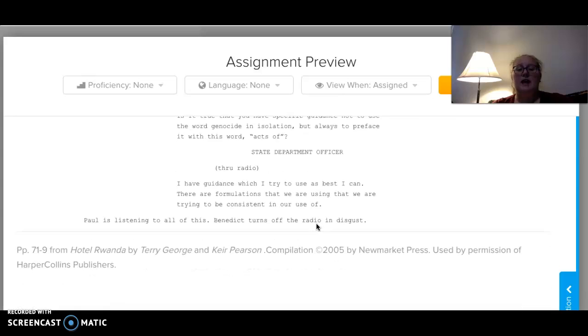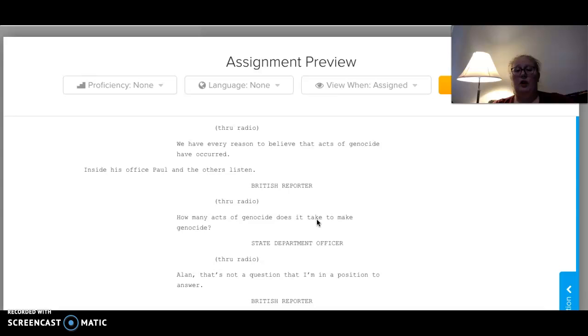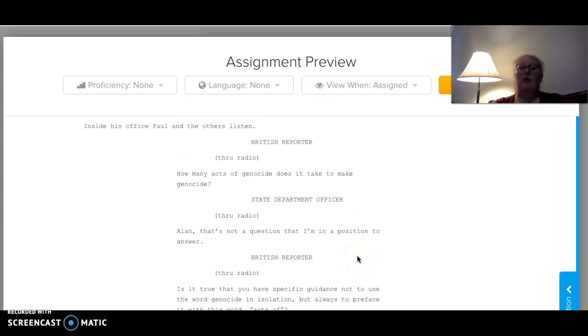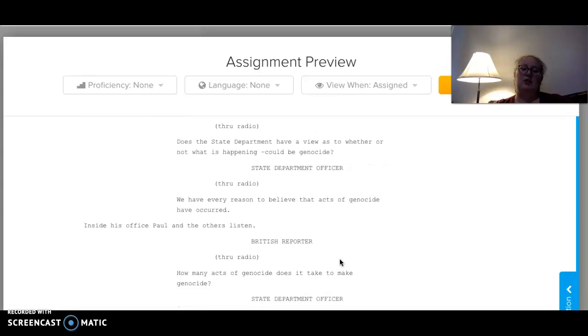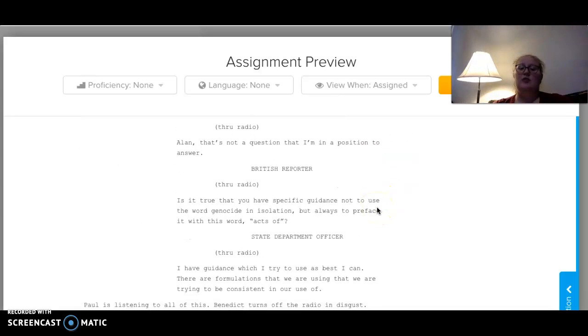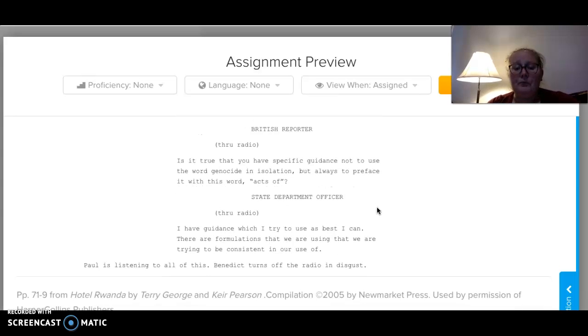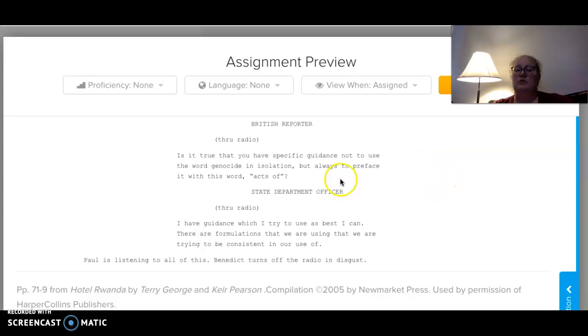So if you scroll down to the end, the radio broadcast is all about this British reporter and a State Department officer going back and forth over this terminology of whether this is a genocide, whether these are acts of genocide. And he's asking, do you have to say acts of genocide? And how many of those does it take to make a genocide? Basically this reinforces this idea that nobody at this point is coming up with any solution to this problem.